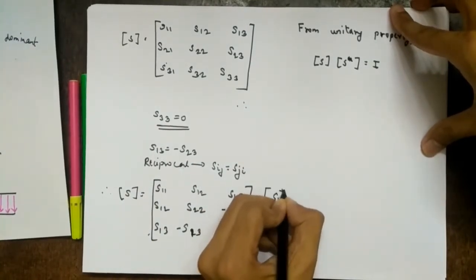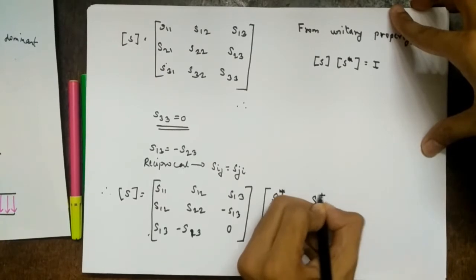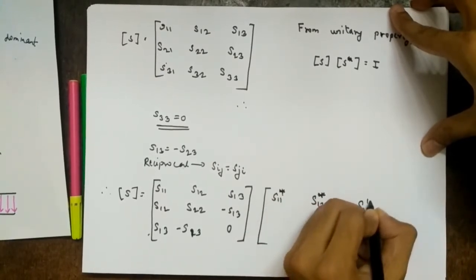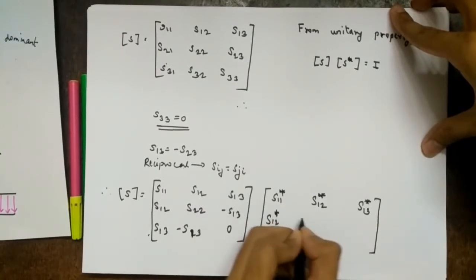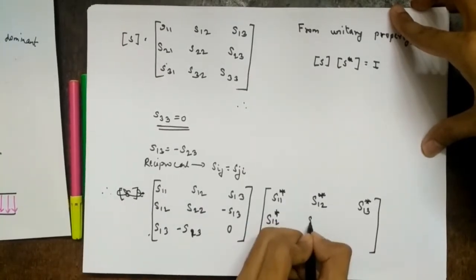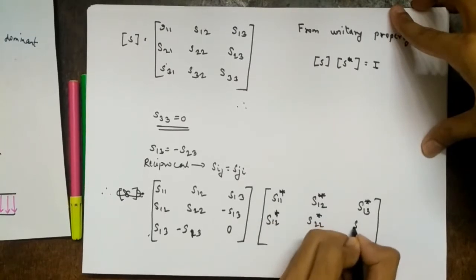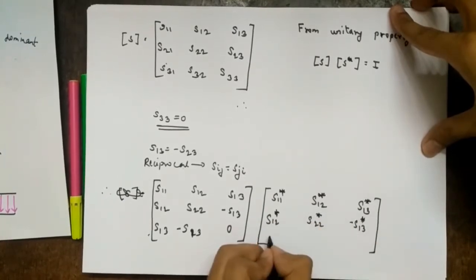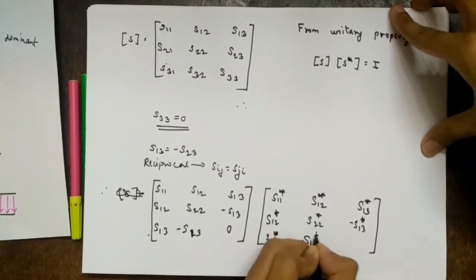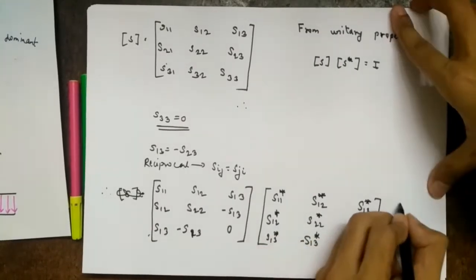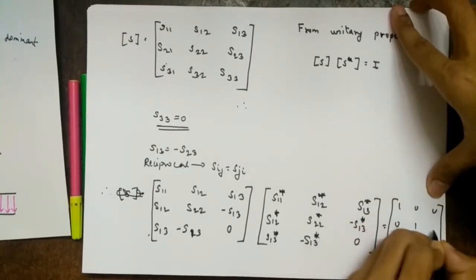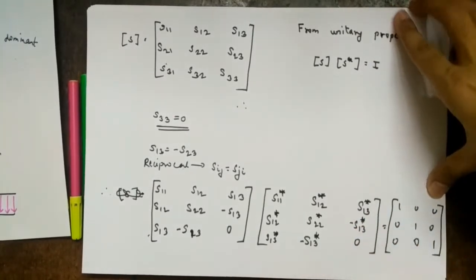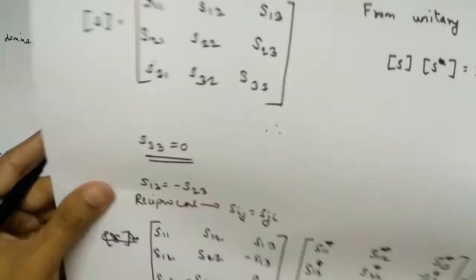So S11 conjugate, S12 conjugate, S13 conjugate, S12 conjugate, S22 conjugate, minus S13 conjugate, S13 conjugate, minus S13 conjugate, 0, equal to the unit matrix: 1 0 0, 0 1 0, 0 0 1. Right? So this is what I have.